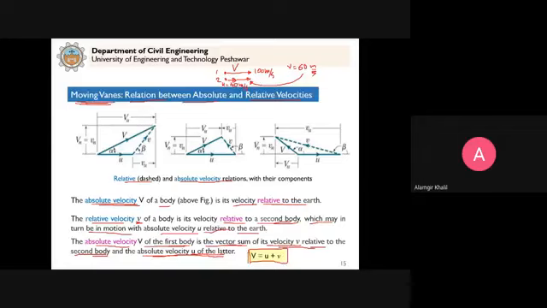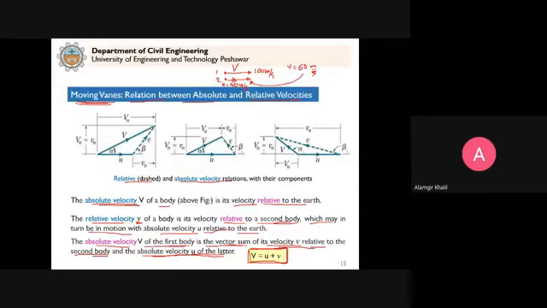So we can write V is equal to u plus the relative velocity v. This is the relationship between these three velocities shown here. V is the absolute velocity of the first body, u is the absolute velocity of the second body, and small v is the relative velocity of the first body to that of the second body. Clear?